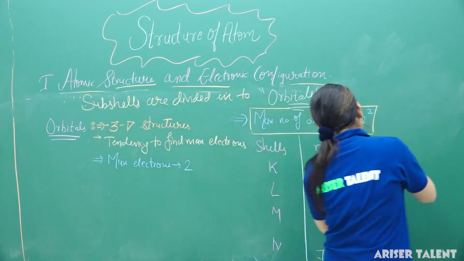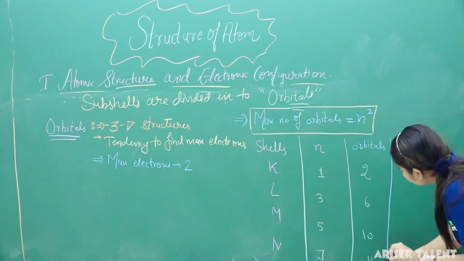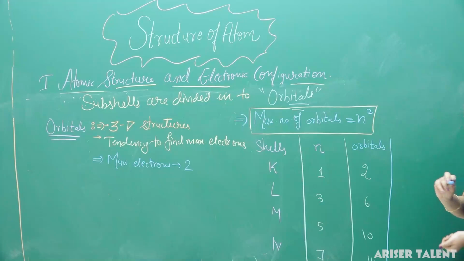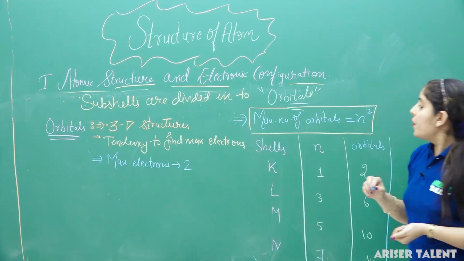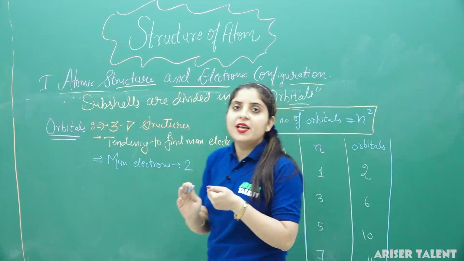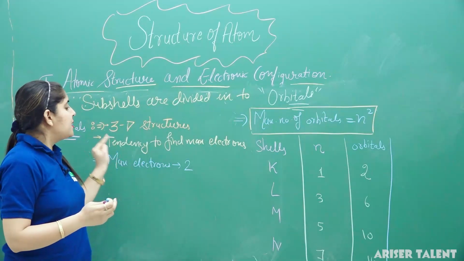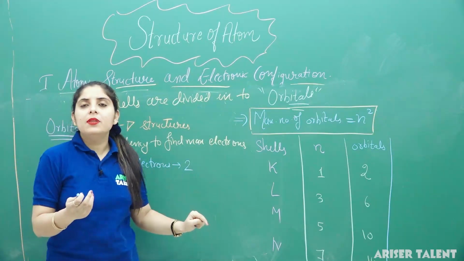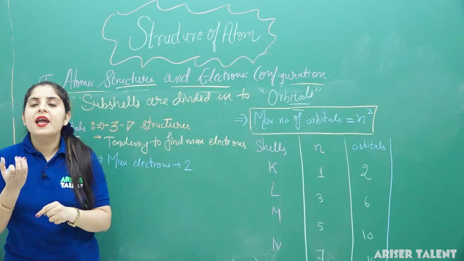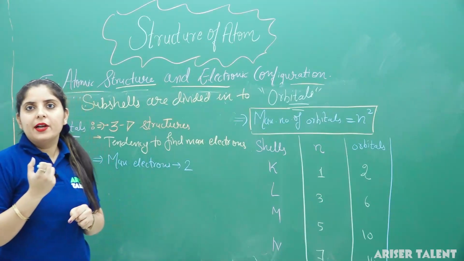So these are the basic orbitals in the electronic configuration of an atom. Firstly we have taken shells that is K, L, M and then we divided into subshells that is SPDF. Now we have a term that is called orbital which can accommodate a maximum number of electrons.